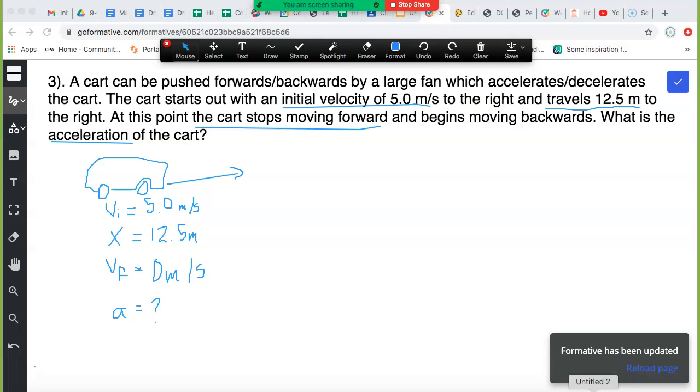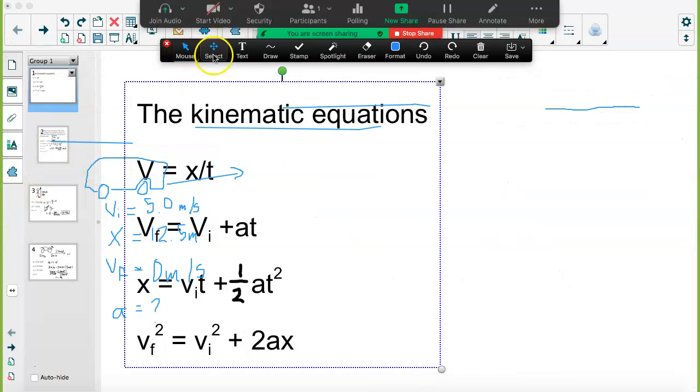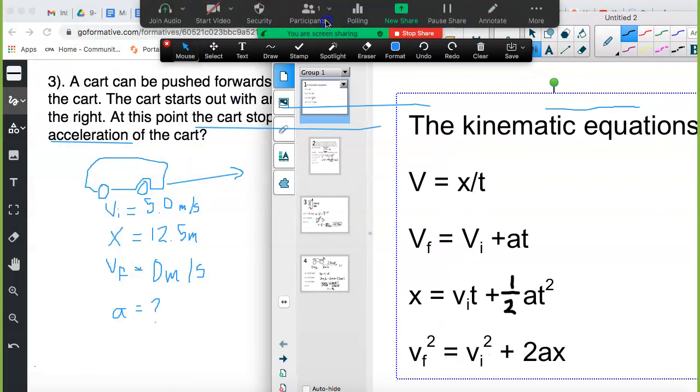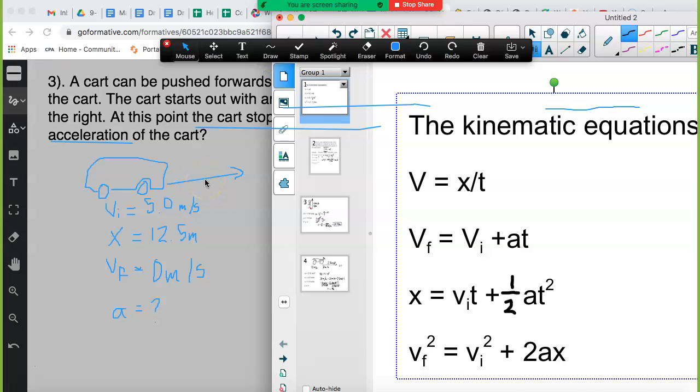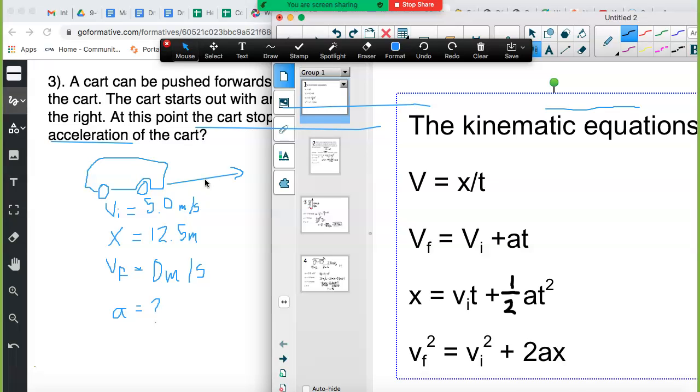The next thing we need to do is identify what formula we're going to use. Let me make it so we can see all of this at the same time. These are the 4 kinematic equations that we've learned so far. Which one is going to be the most useful in this scenario?